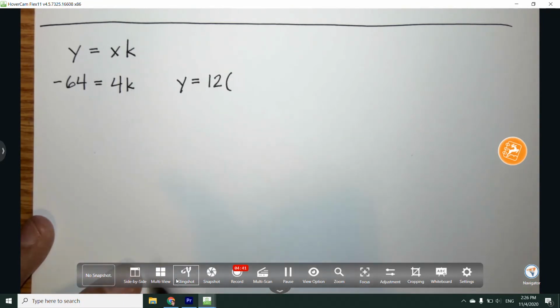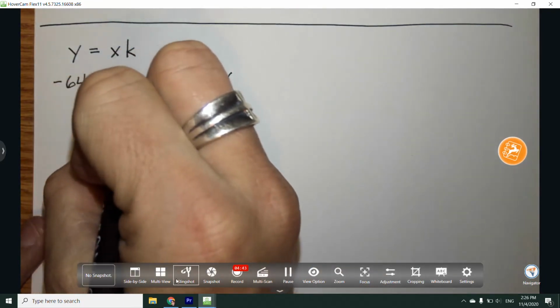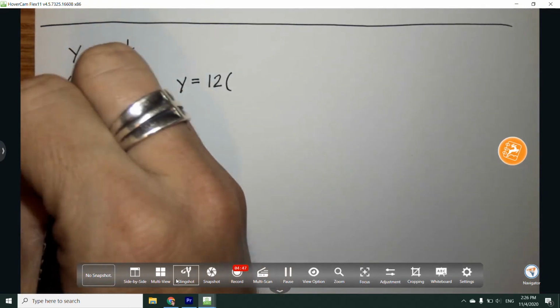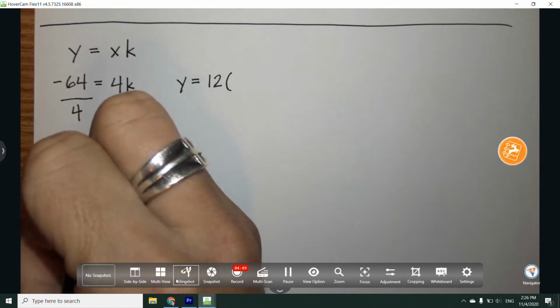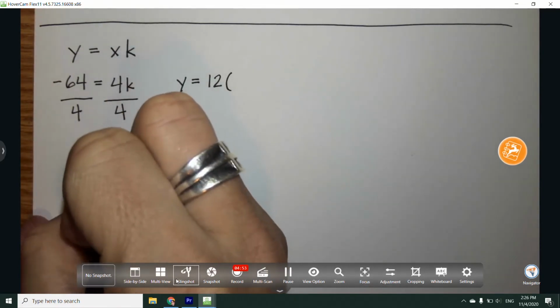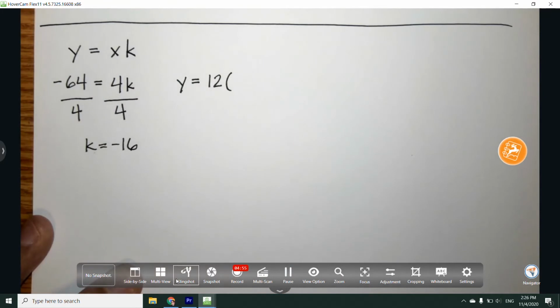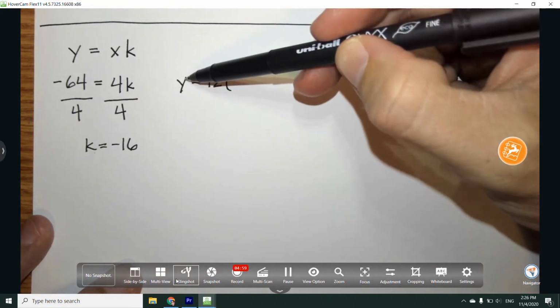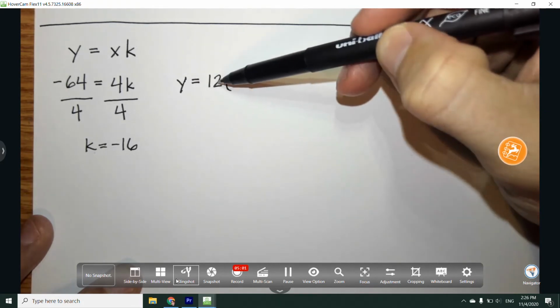What's our constant? So we're multiplying our k times 4, so we're going to do the opposite and divide by 4. And this is going to tell us that our k is equal to negative 16. And so all we're going to do is replug this in. Now it says solve for, or find y when x is 12, right?